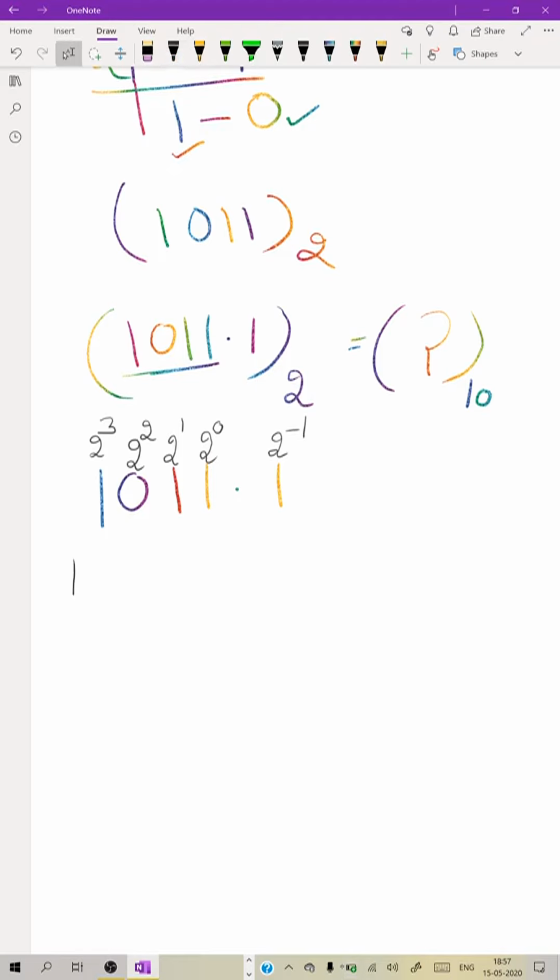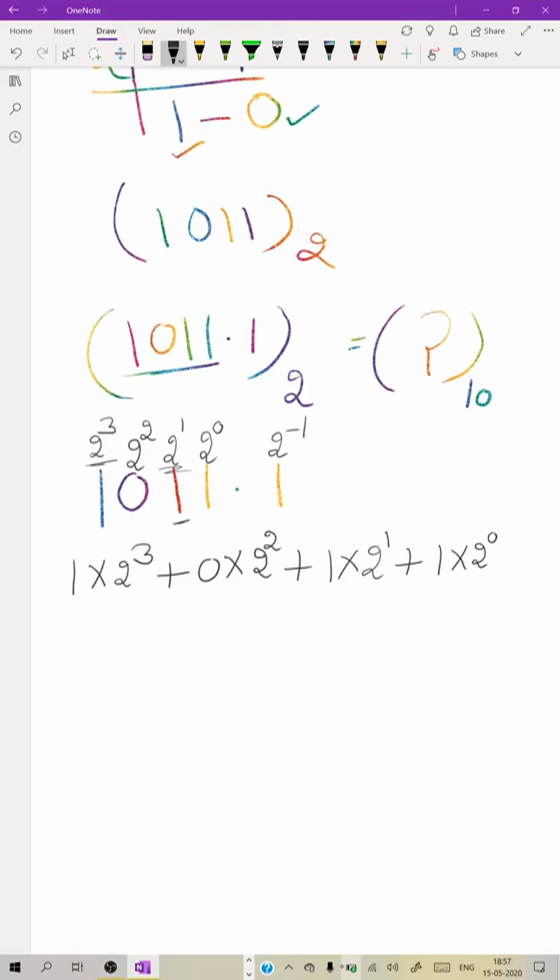You can just write down 1 multiply 2 raised to power 3, plus 0 multiply 2 raised to power 2, plus 1 multiply 2 raised to power 1, plus 1 multiply 2 raised to power 0. Now dot point, 1 divided by 2 raised to power minus 1.